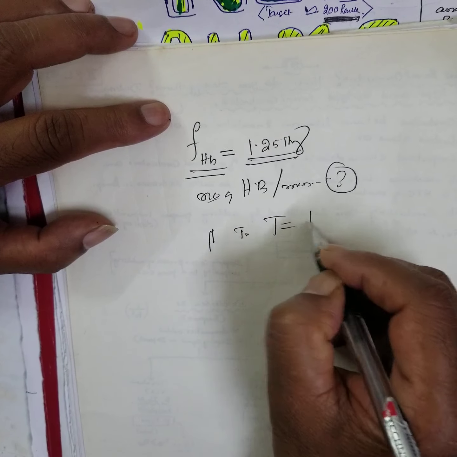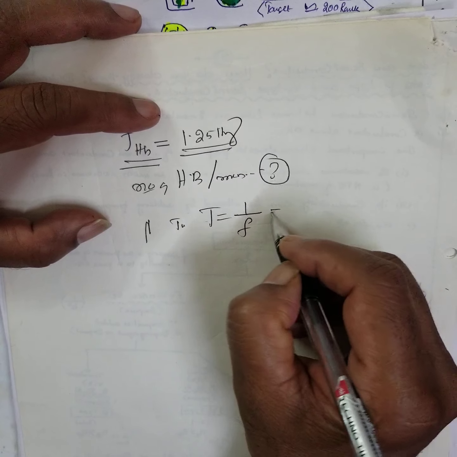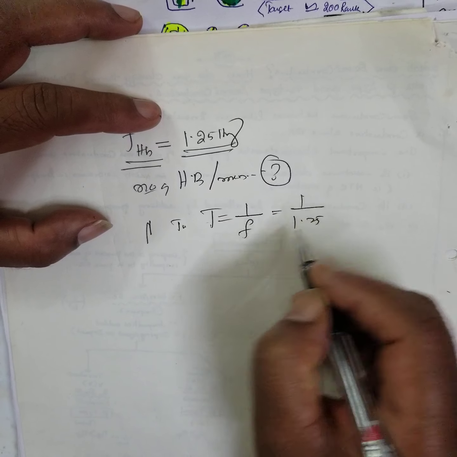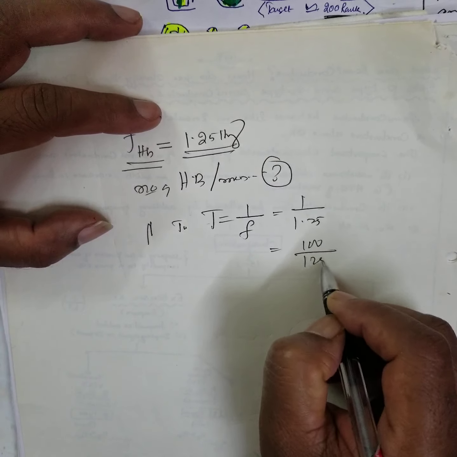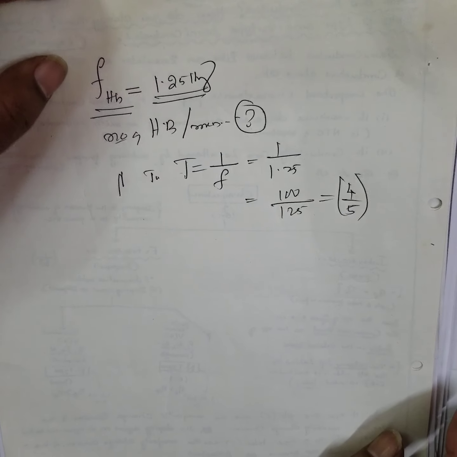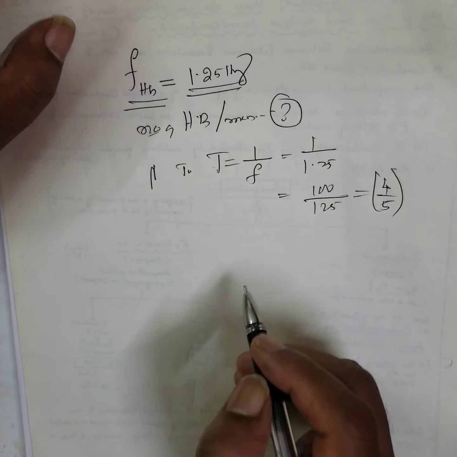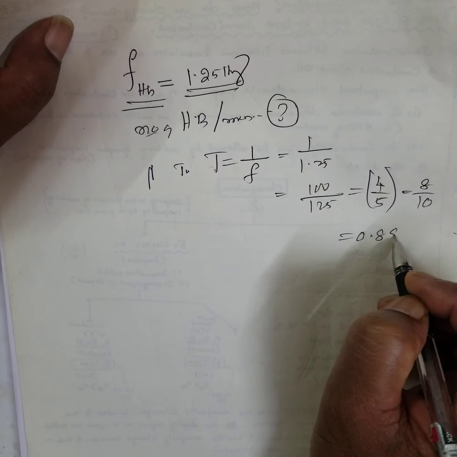Period is equal to 1 by frequency, 1 by 1.25, right? That means 100 by 125, 4 by 5, or 8 by 10, or 0.8 second.